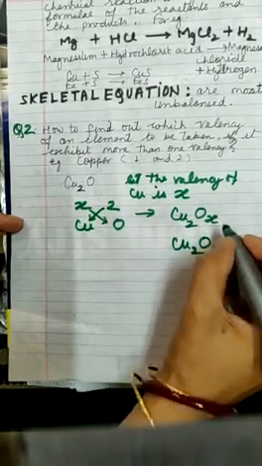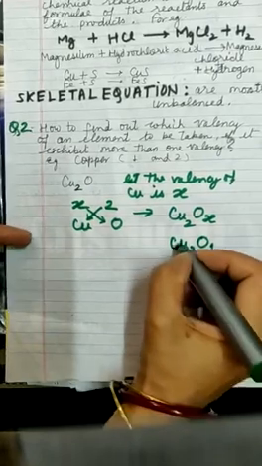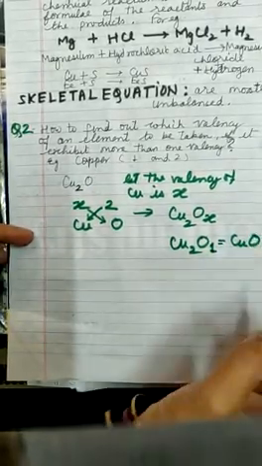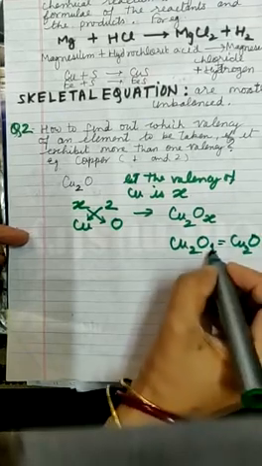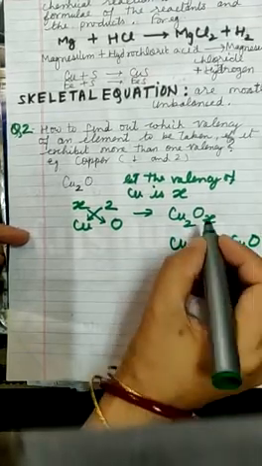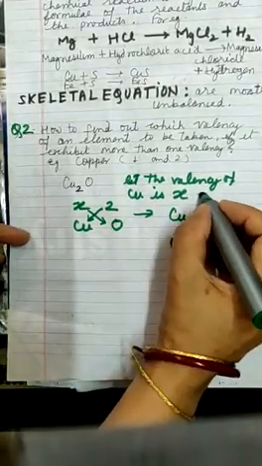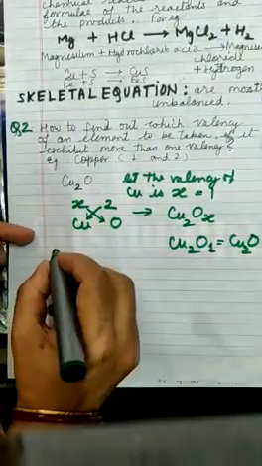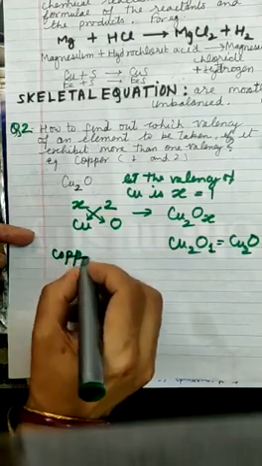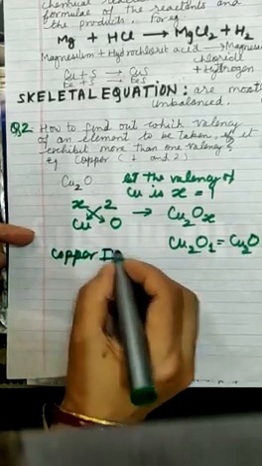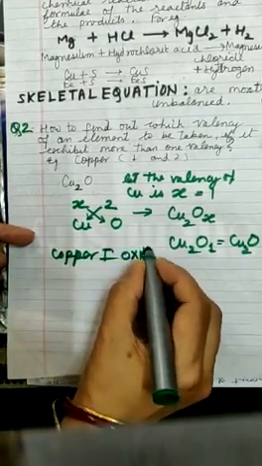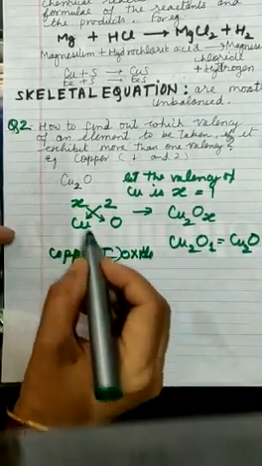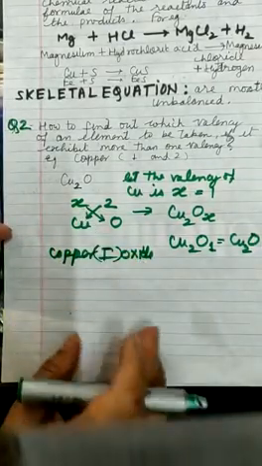It means the value of X, because if it is Cu2O1, then finally it becomes Cu2O, because 1 we don't mention. It means X is equal to 1 for this compound. So the name of this compound will be copper 1 oxide. 1 can be written in brackets as well. We can also say it to be cuprous oxide.